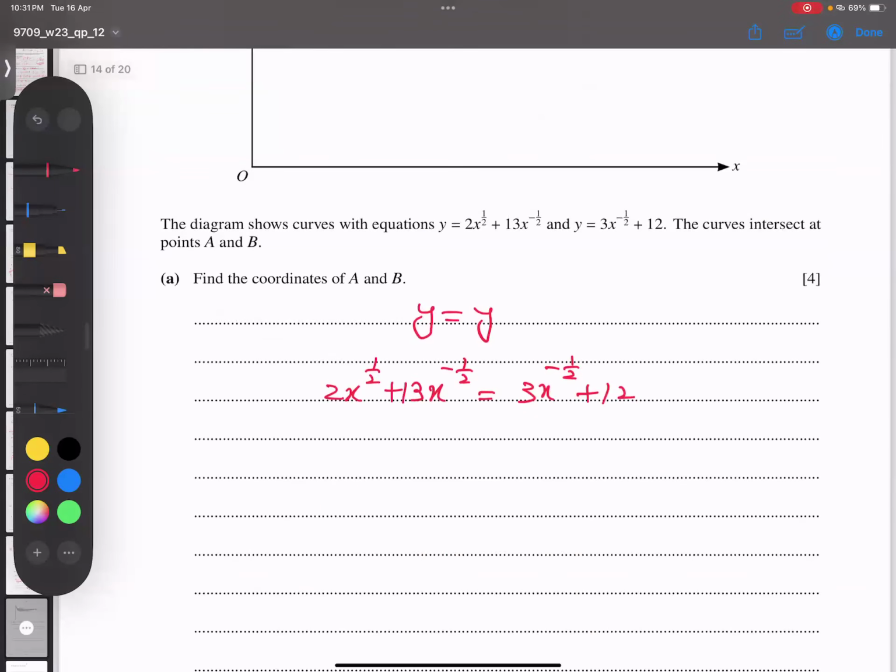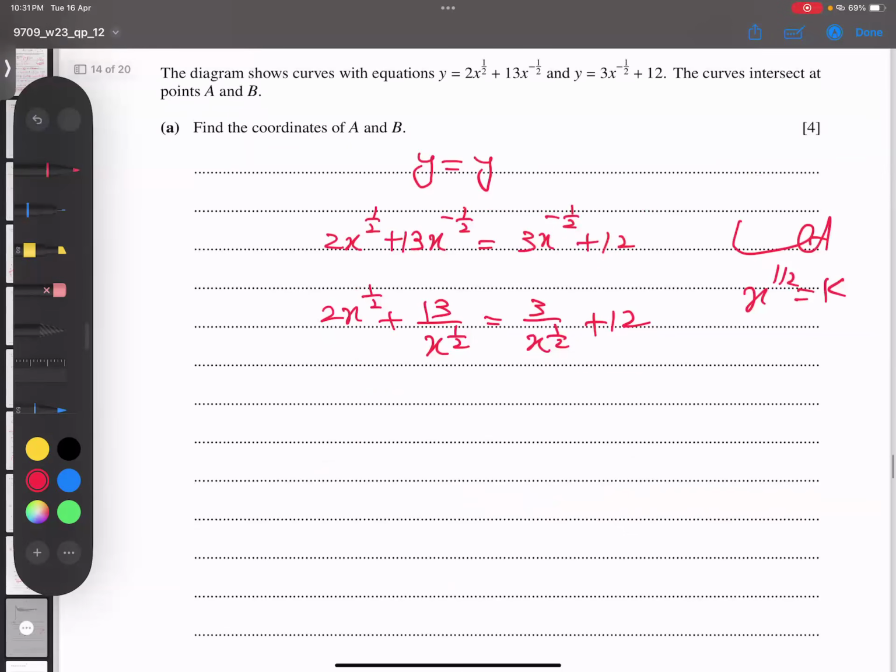I bring the powers down and make them positive, because negative half turns to positive half. Let's say x to the power positive half equals k, or any variable. So I get 2k plus 13 over k equals 3 over k plus 12.